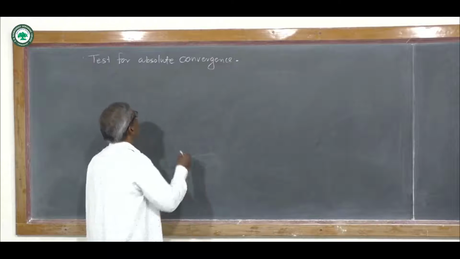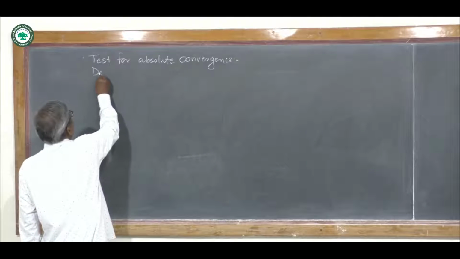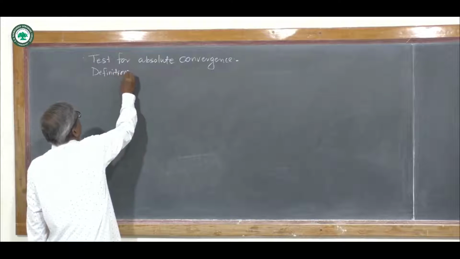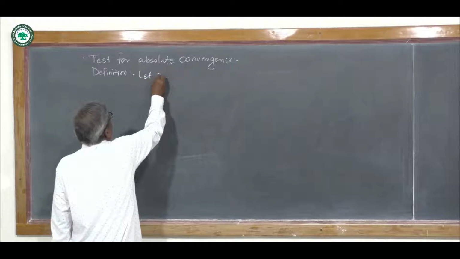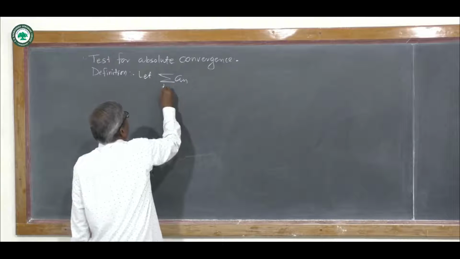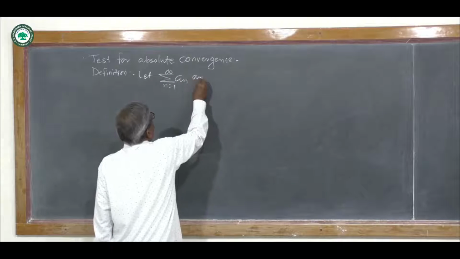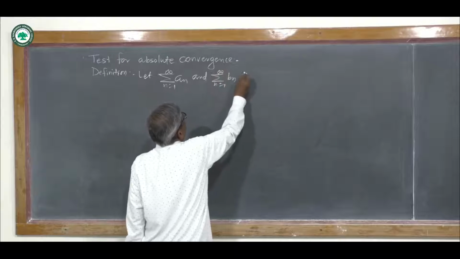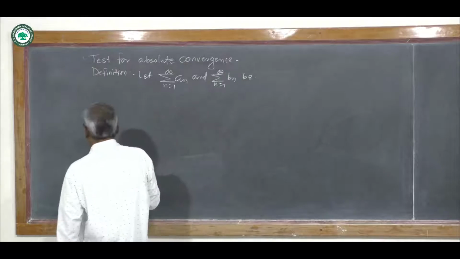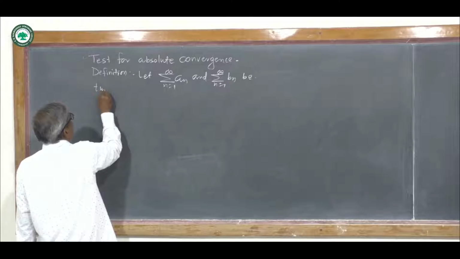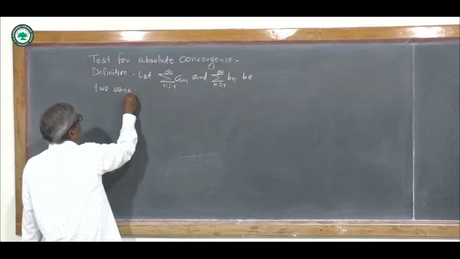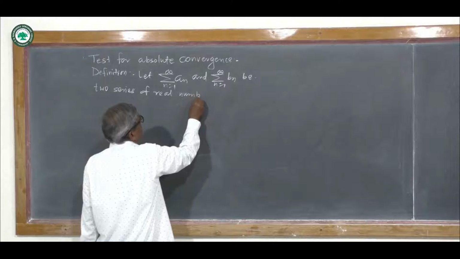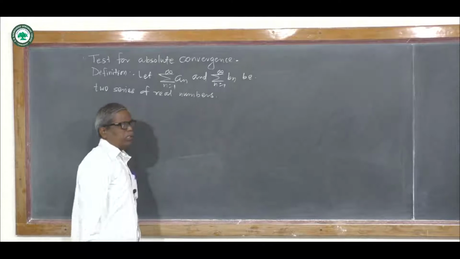Definition. Let summation a_n, n equal to 1 to infinity, and summation b_n, n equal to 1 to infinity, be two series of real numbers.